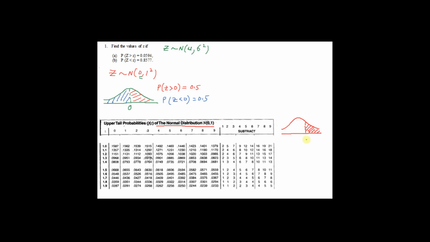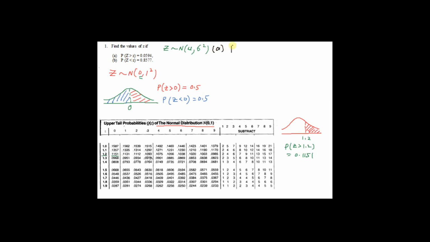So you can see if I want to find the probability z-score more than 1.2, I'm going to search for 1.20 here, and the probability is 0.1151. So remember, the probability here is on the upper tail, that is on the right hand side. If you understand this, you can solve part A directly.